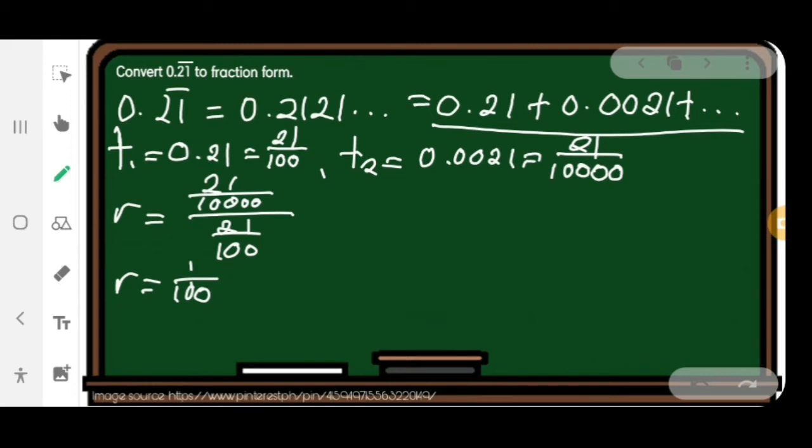Now let us solve. So S sub infinity is equal to t sub 1 over 1 minus r. Substitute the given values.